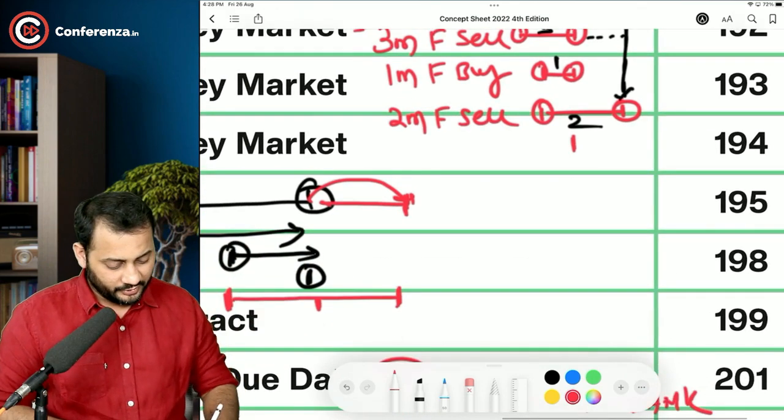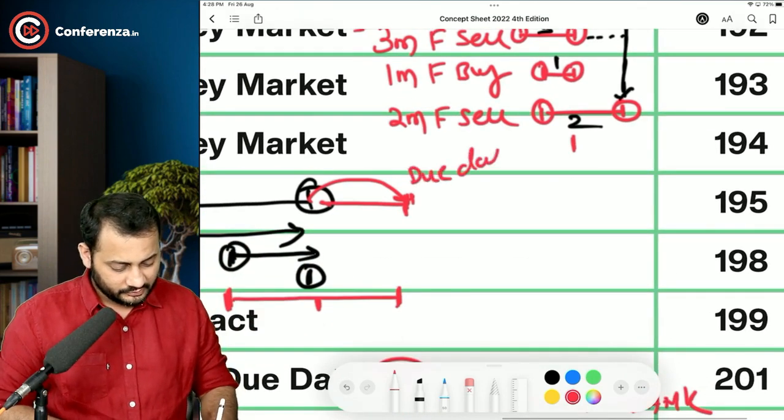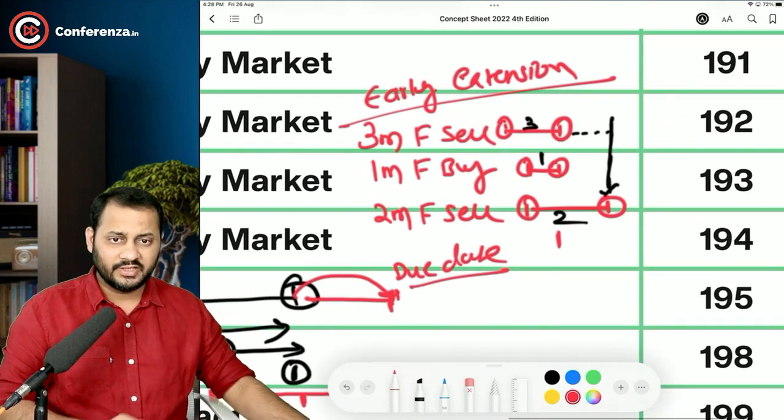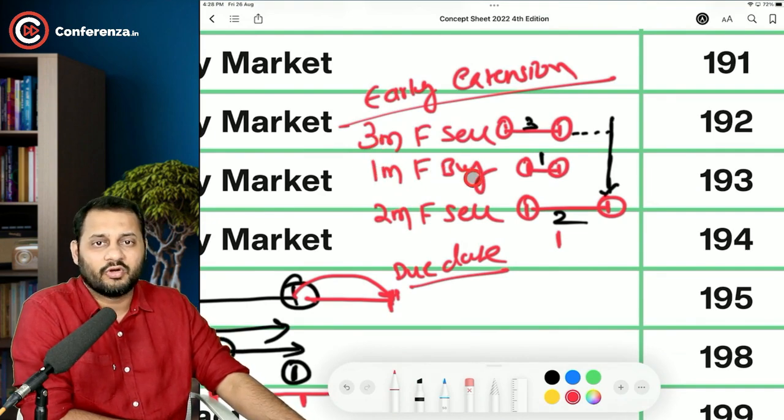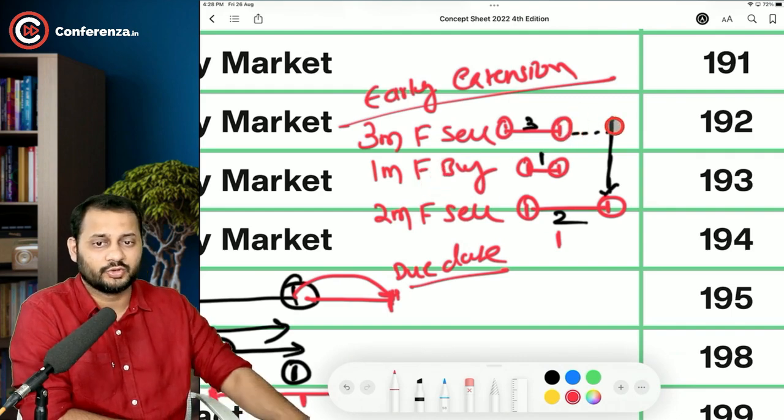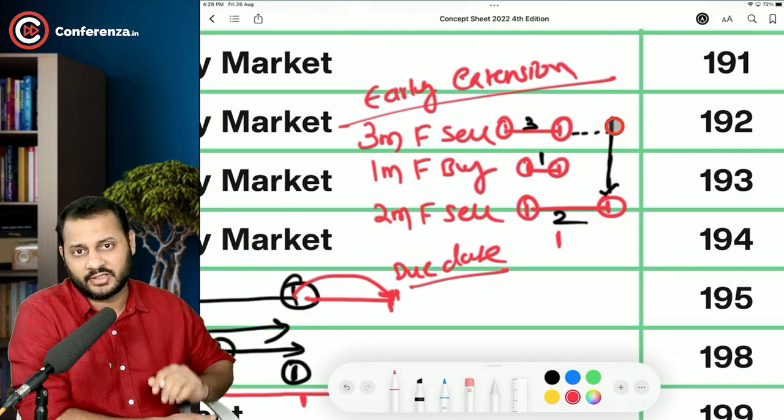But if you come on due date, what will happen? It's very simple, sir. If you come on due date, you will cancel this 3-month forward sell by a spot buy contract, because it's the due date already. You will take the opposite position but on spot. And from this point you have 1 more month. So you will take a 1 month forward sell contract.